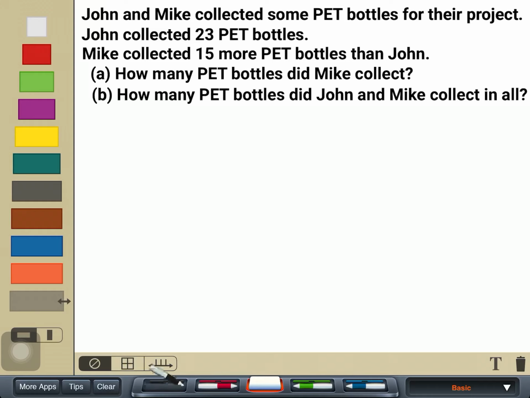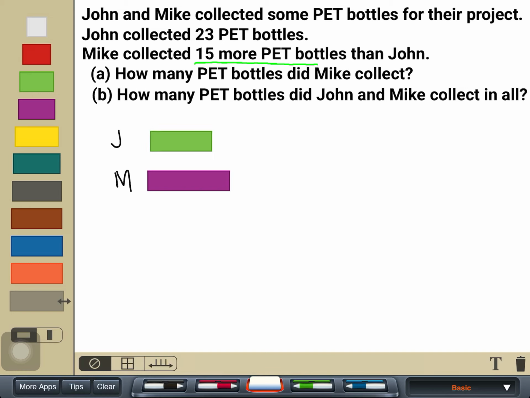If we represent this problem in a model, J for John and M for Mike. Mike would have a longer bar model than John because Mike collected more PET bottles than John.